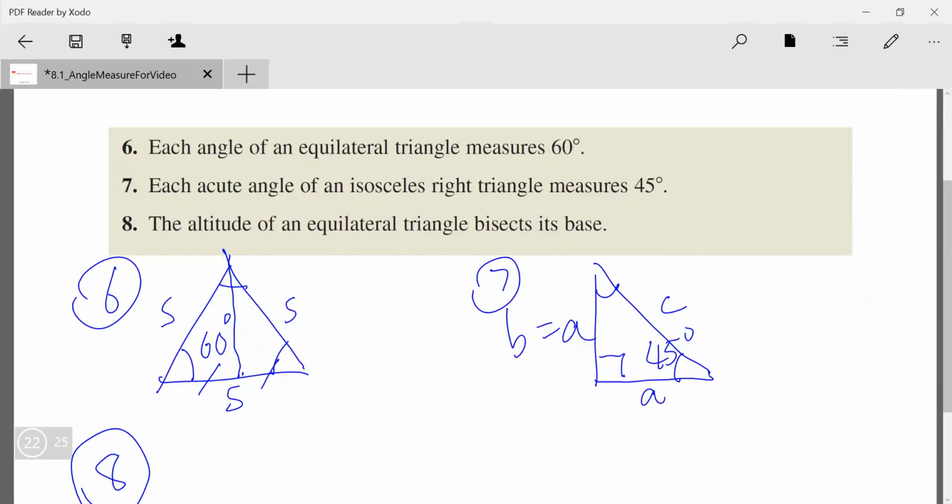That's not surprising, because it means this part is s over 2, and this part is also s over 2. So those are the facts that we are going to remember. And now let's finish with an example.